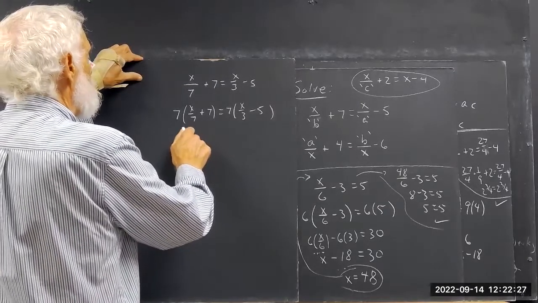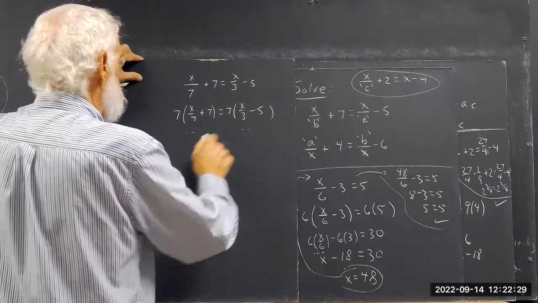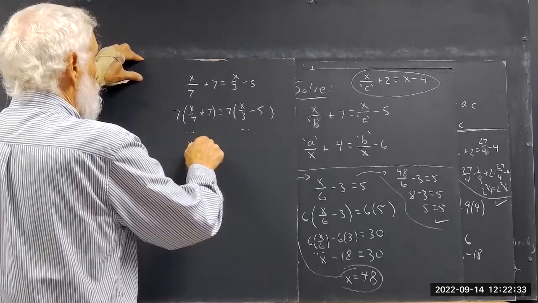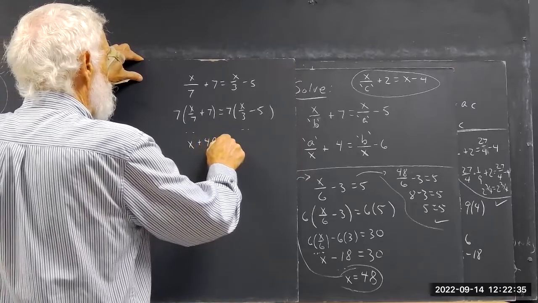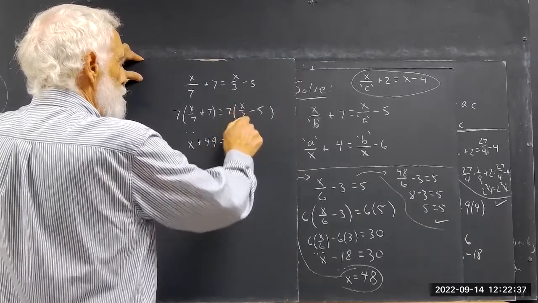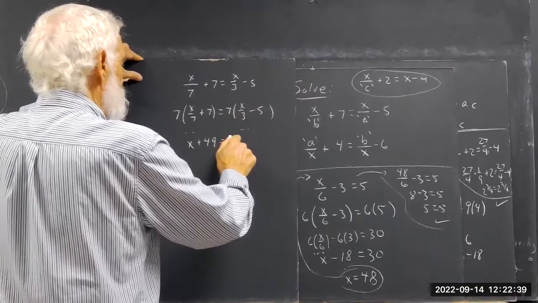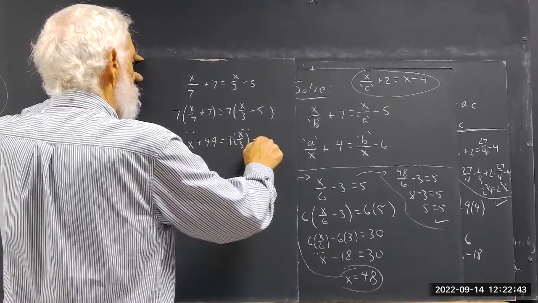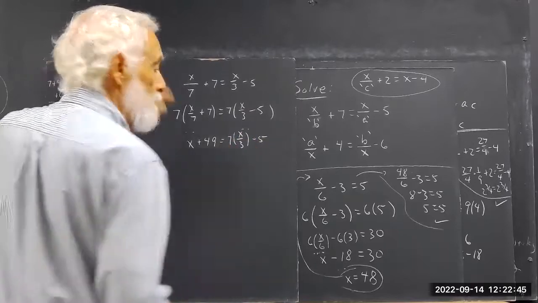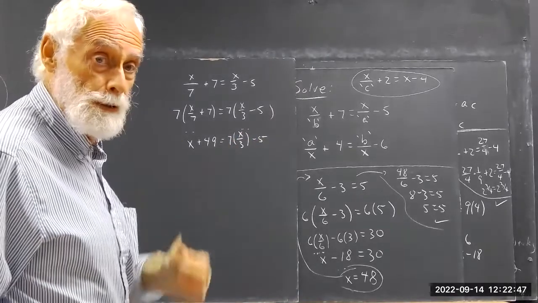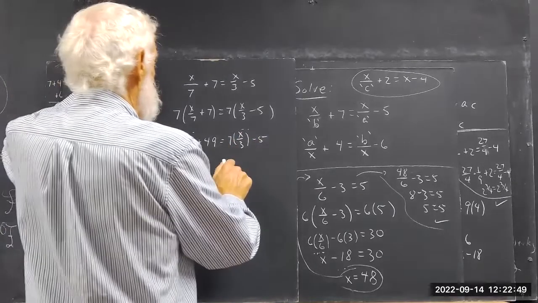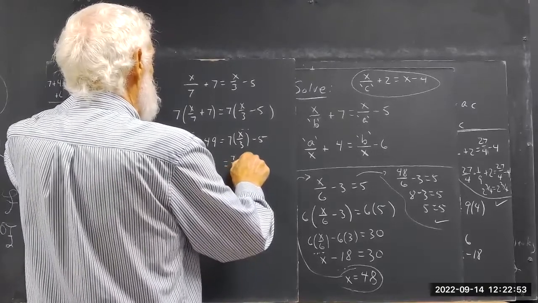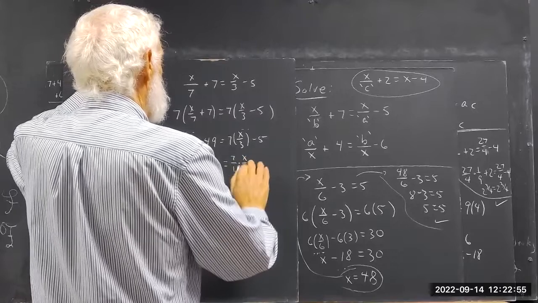Okay, so I got those few dots here because I don't have time to do this fraction. That gives us x plus 49. But let's look at 7 times x over 3. Now what's 7 times x over 3? That's 7 over 1 times x over 3.